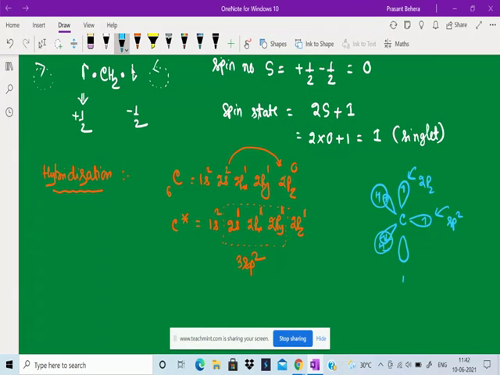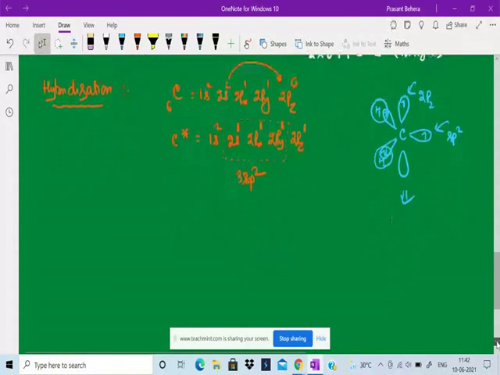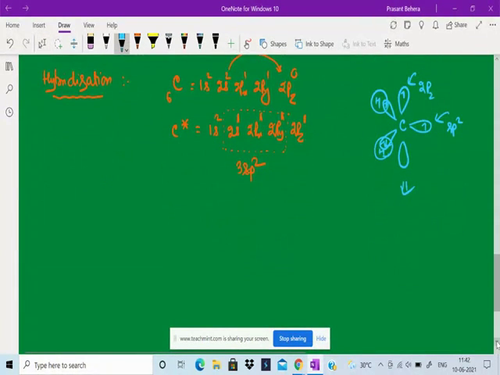The structure is in this way. That is carbene. Here are the hydrogen atoms, and one sp2 contains one odd electron, and here the 2pz contains 1 electron.